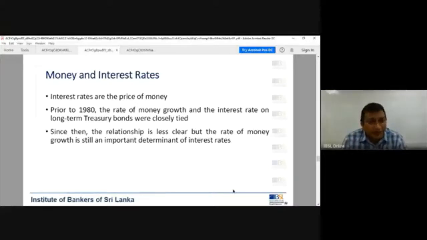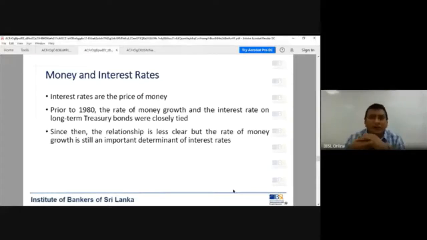Most likely starting from next week itself, we will get into interest rate behavior and things like that. So this is interest rates, called the price of money. And you probably see that prior to the 1980s, the rate of money growth and interest rates on long-term bonds were closely tied in international financial markets.